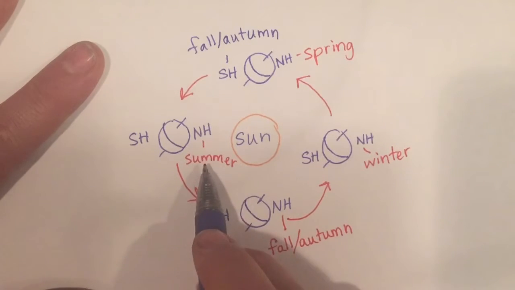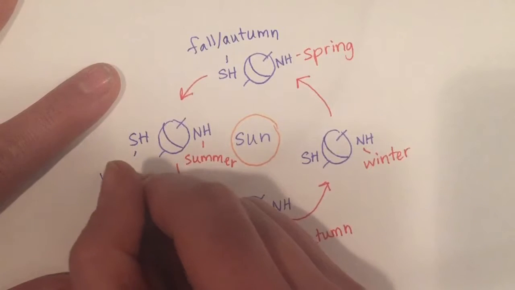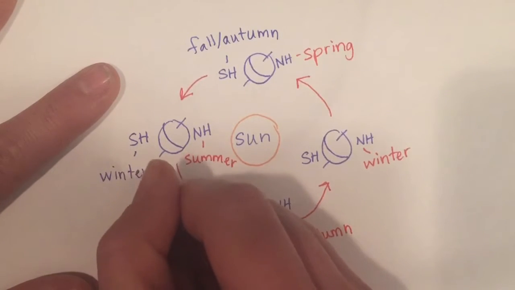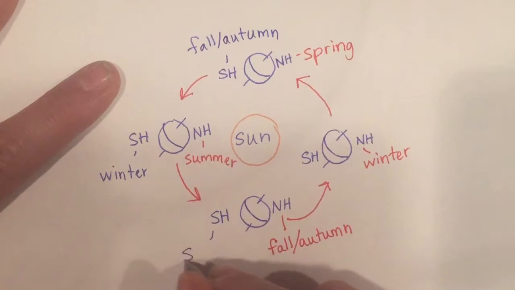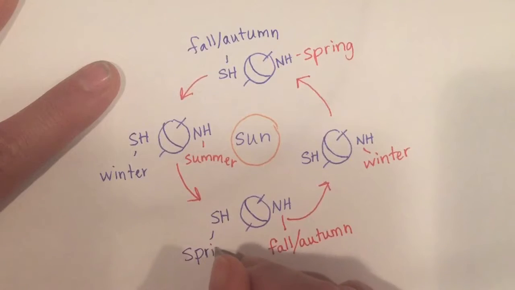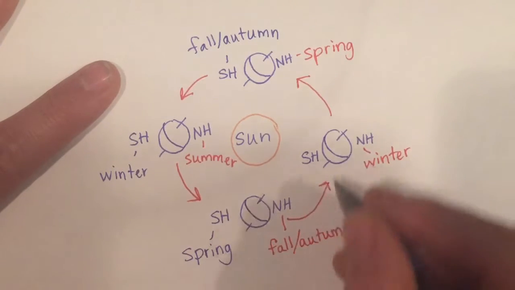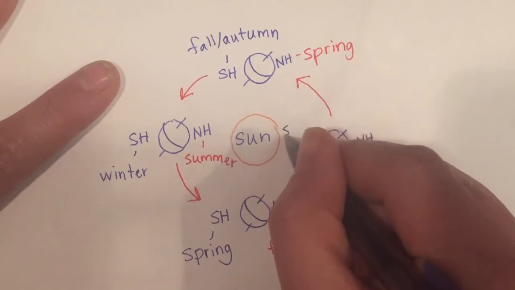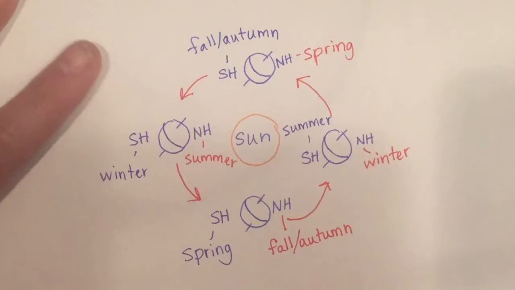When we are experiencing summer, the southern hemisphere is going to be experiencing winter. The opposite of fall, spring. And the opposite of winter, summer.